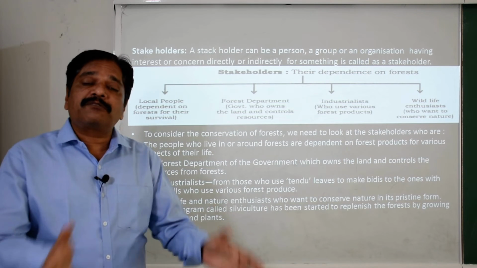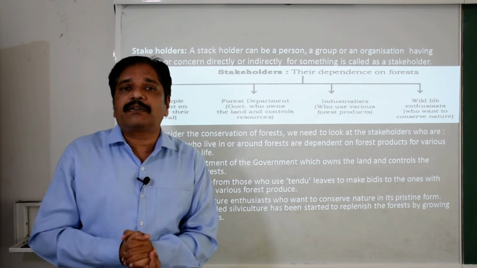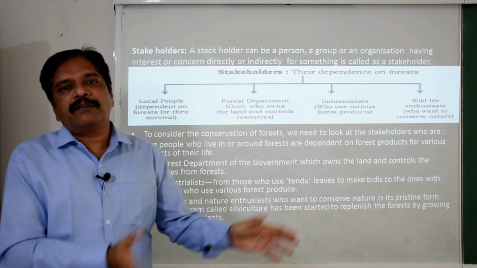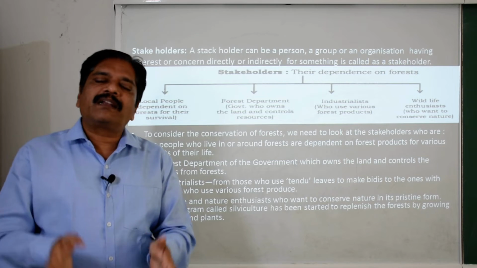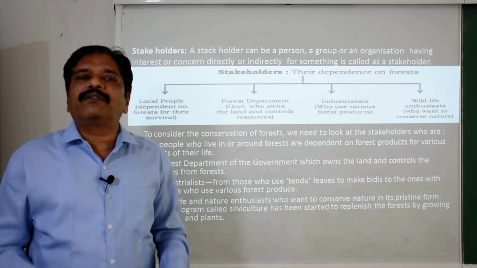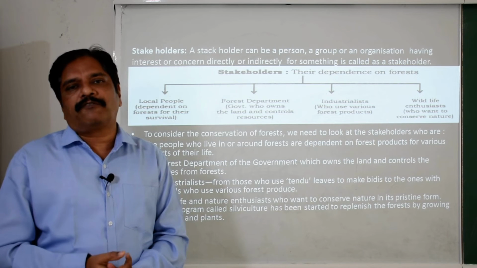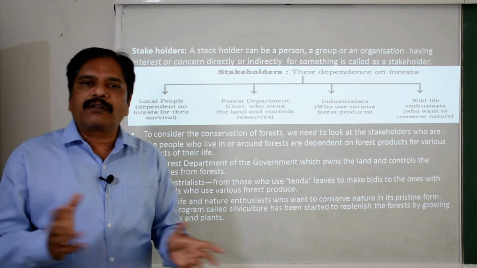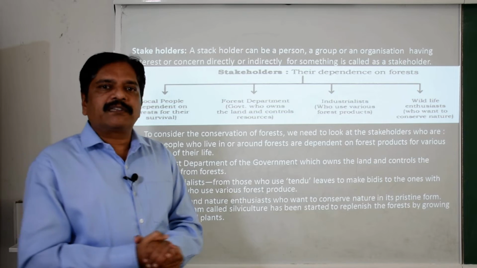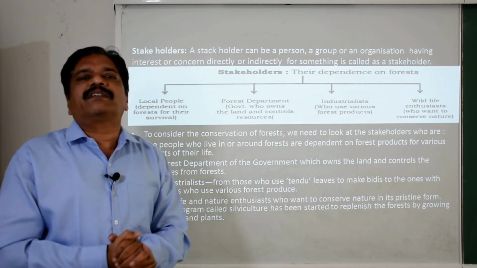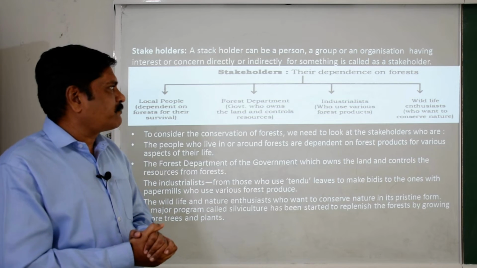Likewise, the trees required for the paper industry can be grown. Suppose that in a particular area, by growing especially teak wood, we can manage it for furniture, and also for medicinal purposes. So they play an important role by deciding the policy for the maintenance of this forest.